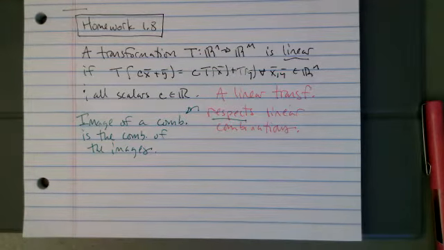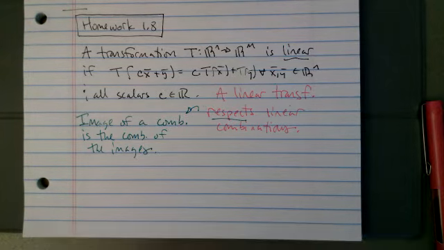So A is the matrix in exercise 10, and we want to determine if B is in the range of the linear transformation X to AX. So let's take a look at this matrix, and let's think about all the equivalent questions that we have for this problem.